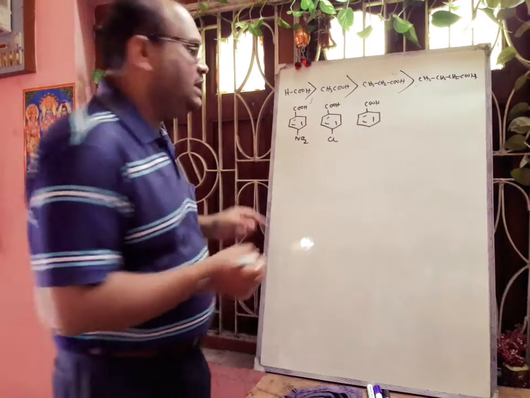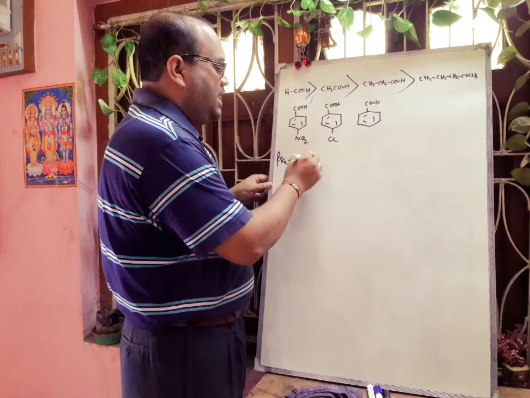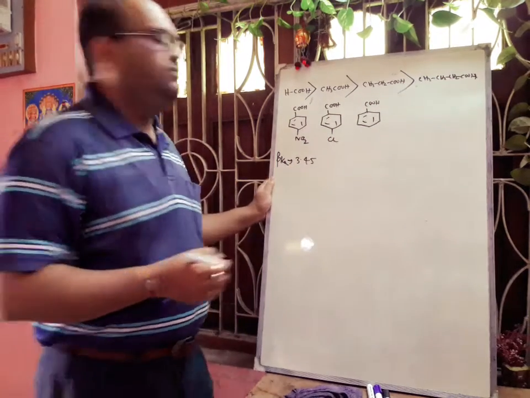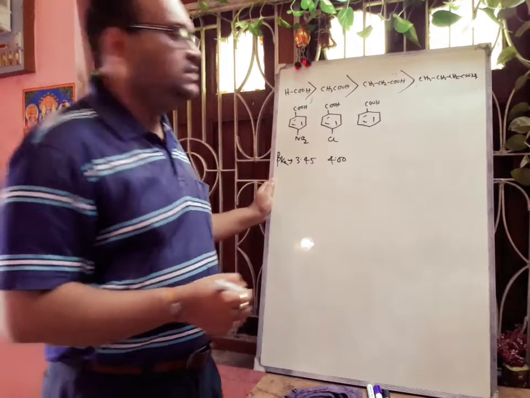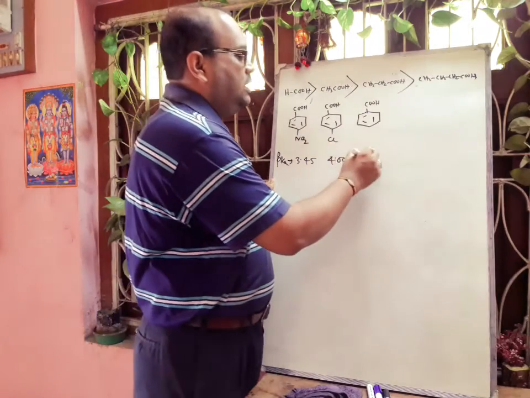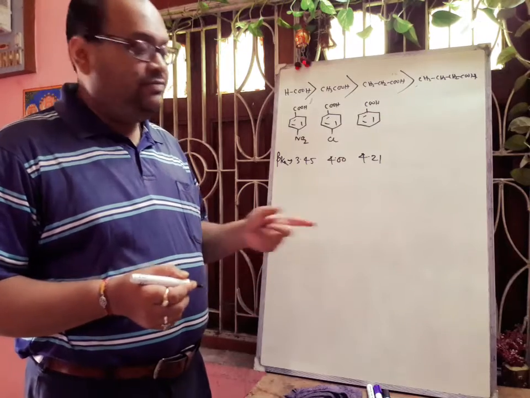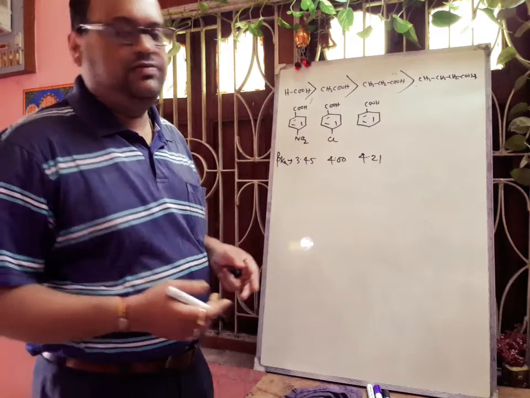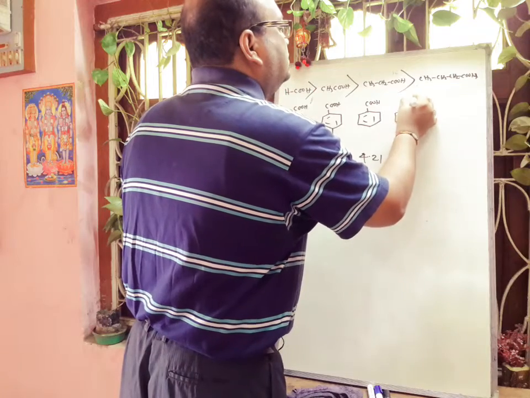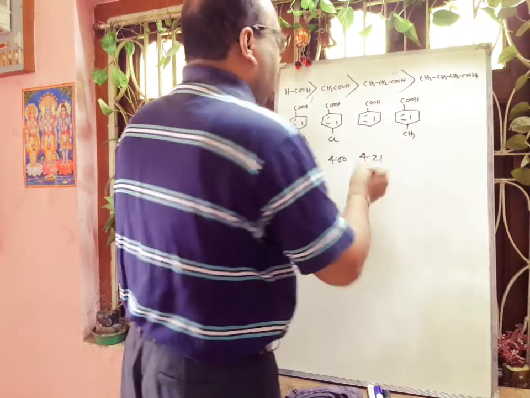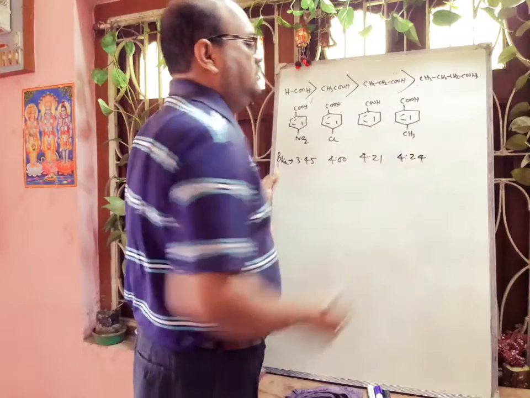If we write the pKa values, you can easily understand. So the pKa value of para-nitrobenzoic acid will be around 3.45, but para-chlorobenzoic acid will be around 4, and benzoic acid pKa value will be around 4.21. But now in this case, if we attach one electron donating group like CH3 at the para position, what will happen? Definitely acidity will decrease, and the pKa value will increase, its value will be 4.24.